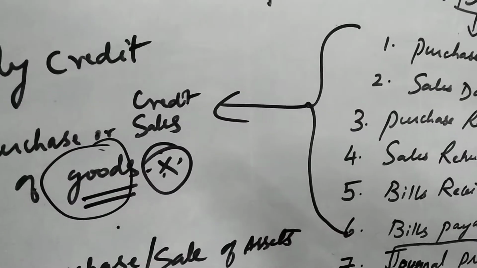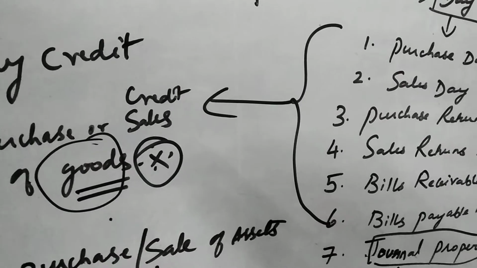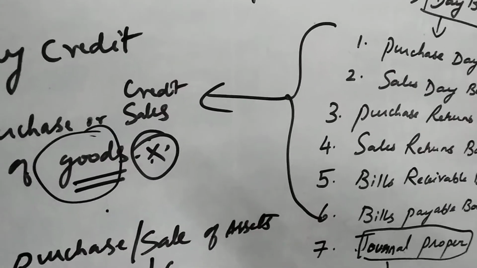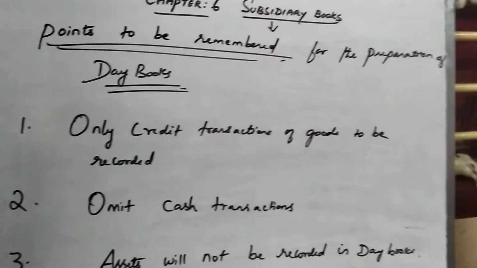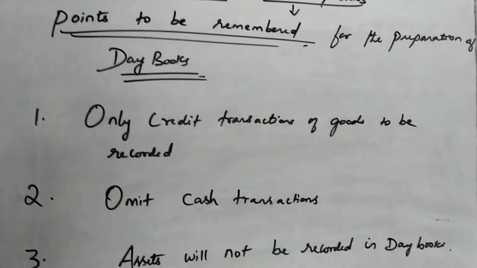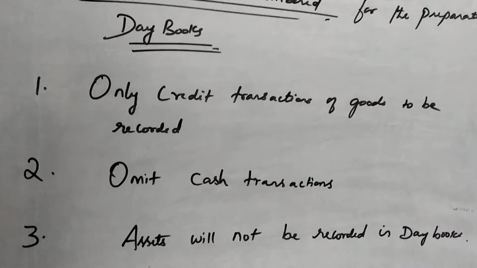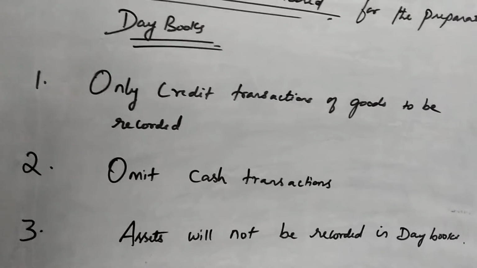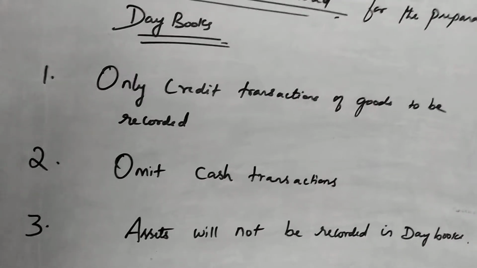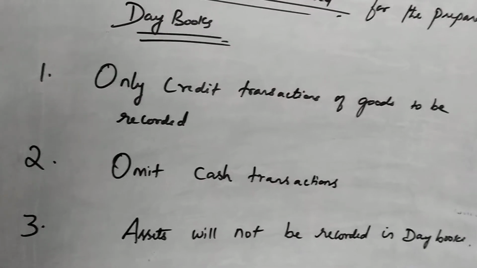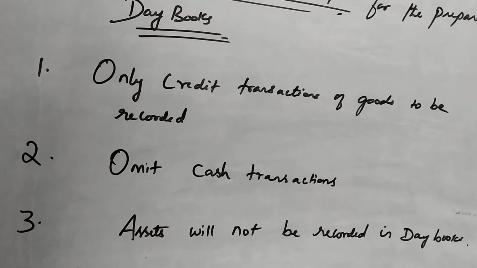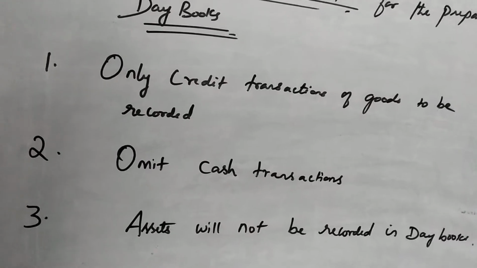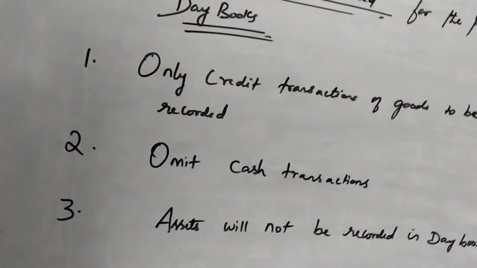Only 2 important points to be remembered while preparing the subsidiary books. Let us see that. So, points to be remembered for the preparation of day books. First point, only credit transactions of goods to be recorded in day book. So it can either be a credit purchase of goods or a credit sale of goods, which will be recorded in the respective day book.